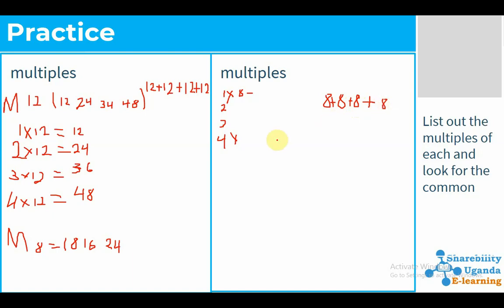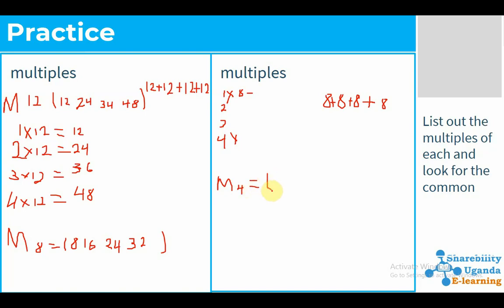We get 32. So our answer is 32. We can simply stop here and say these are our multiples of 8.